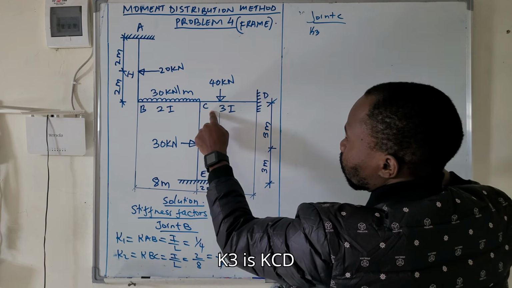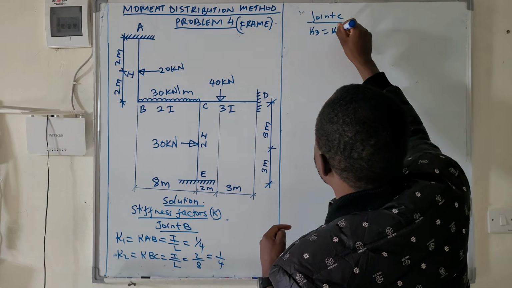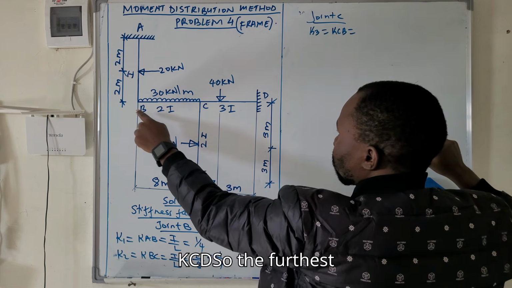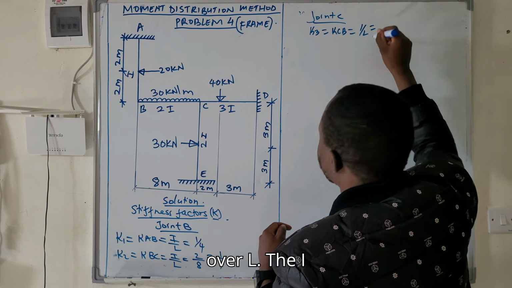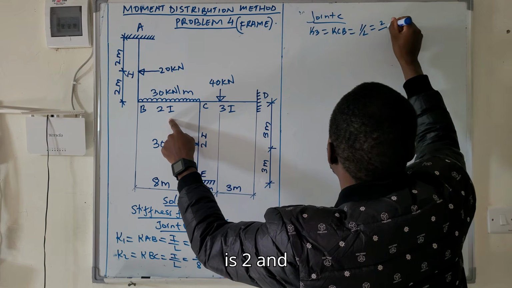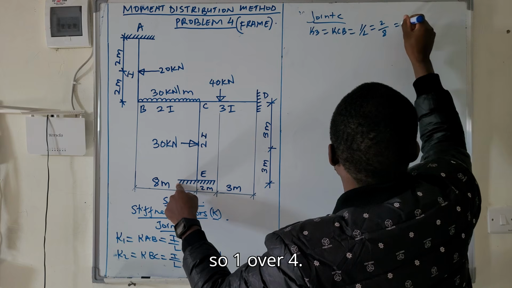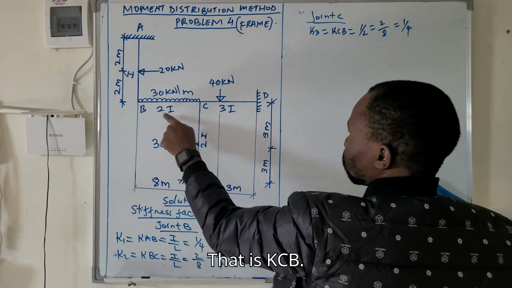K3 is KCB. So the farthest end again is continuous. So I over L. The I is 2 and L is 8. So 1 over 4. That is KCB.